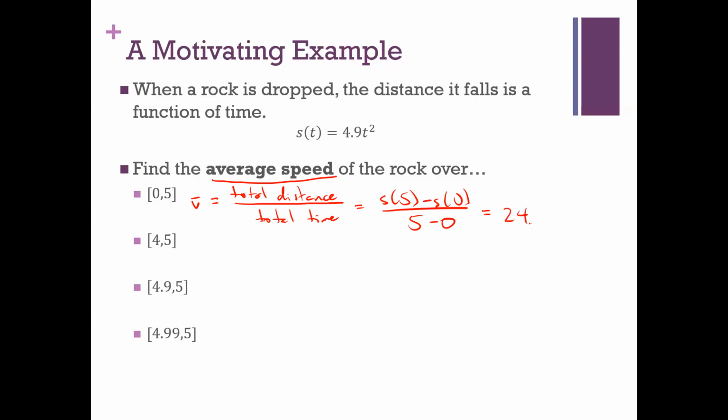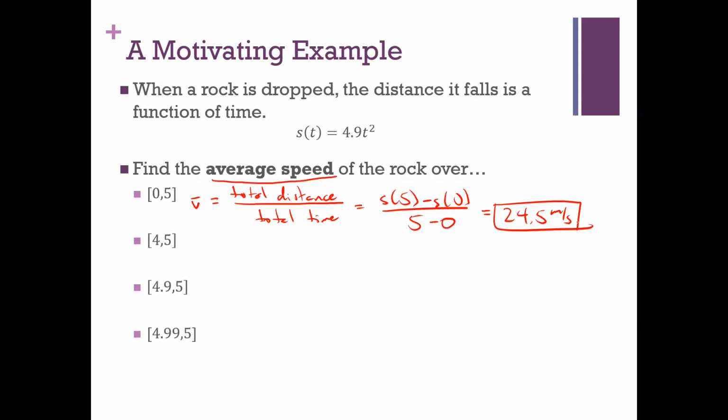I think this came out to like 24.5 meters per second. We should verify. Yes, if I look at the whole interval, time equals 0 to time equals 5 seconds, I get that speed of 24.5 meters per second.